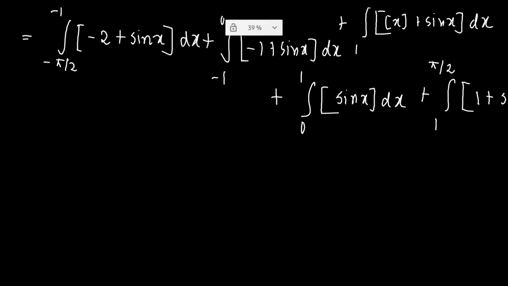Now another important step here. Whenever in the greatest integer function, in the box, there is an integer inside, we can take it outside.